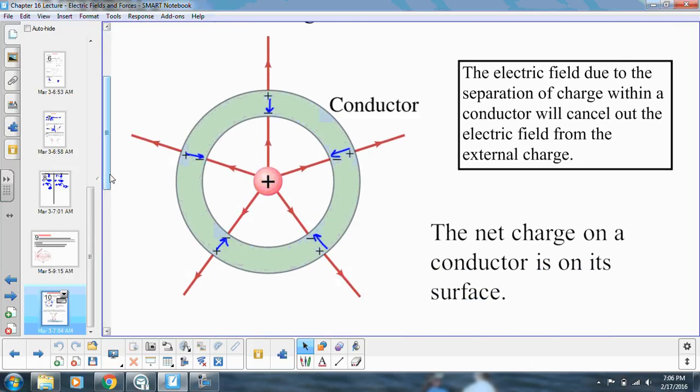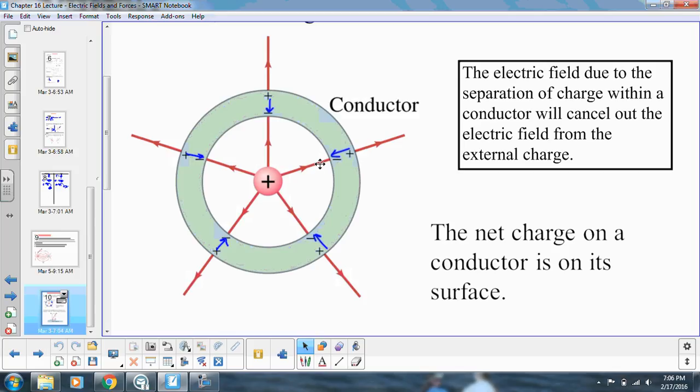Let's say that I have a metal ring, and in this metal ring is a positive charge. So this positive charge obviously creates an electric field, and that electric field is shown by these lines like this, right? So the conductor has charges within it that can move and interact with this electric field.